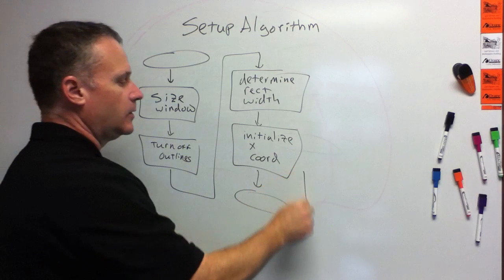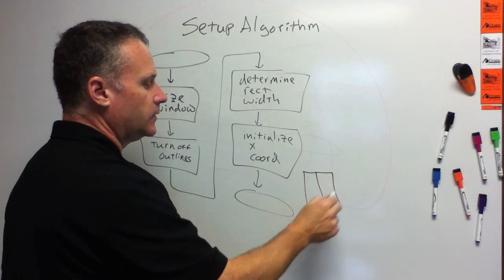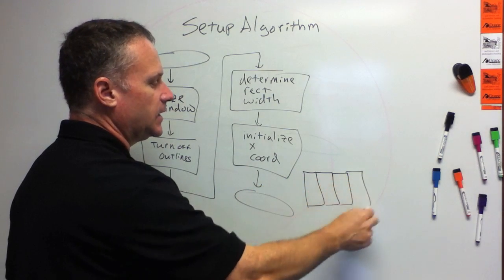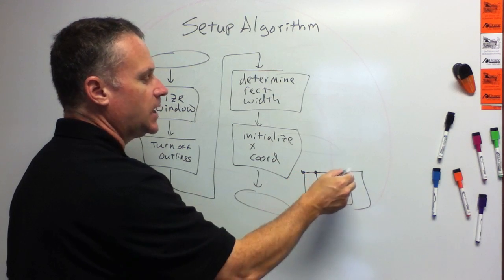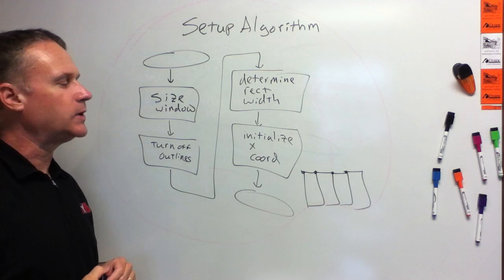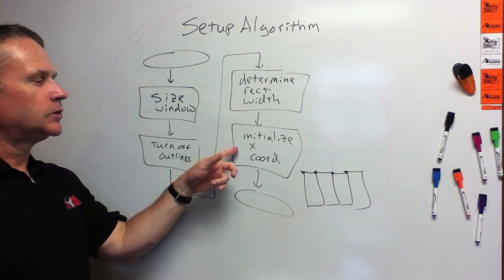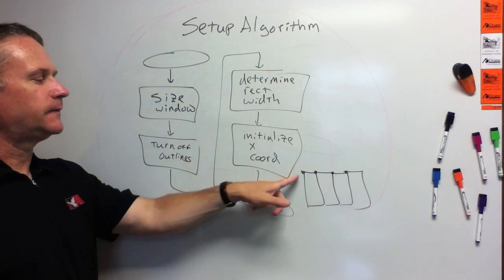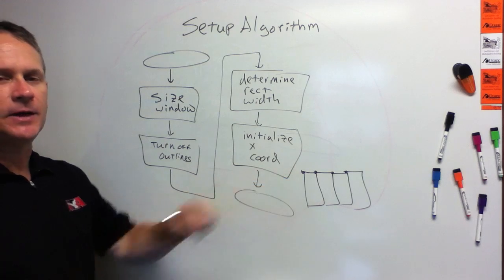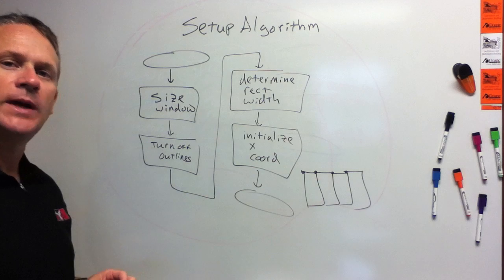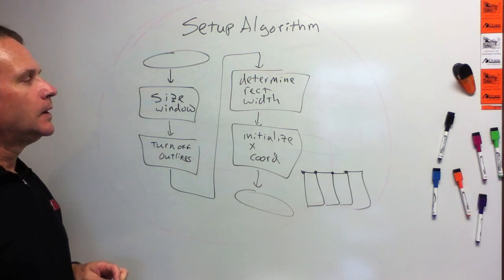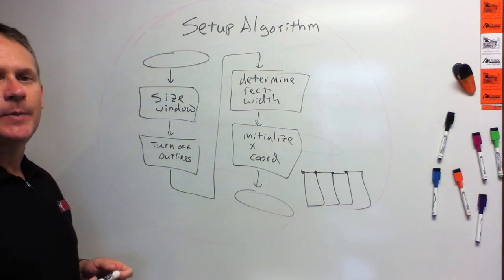Okay, remember when we were talking about drawing a series of rectangles, other than the color, the only thing that changed was the x-coordinate of those points. And so we'll start it at its first location, and then later as we draw other rectangles, we'll update that value for each successive rectangle. Okay? So there's our setup algorithm.